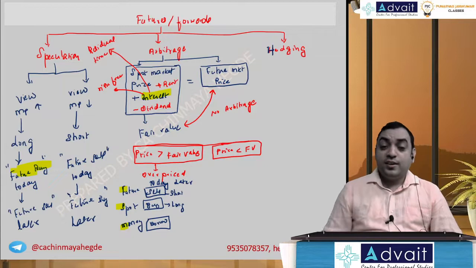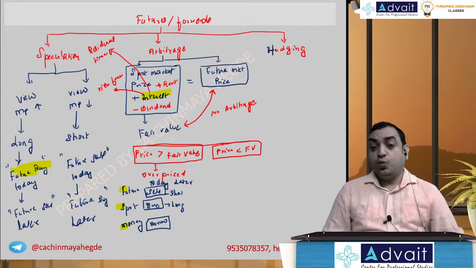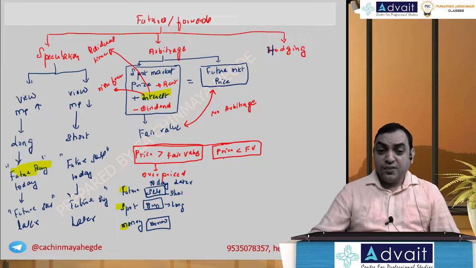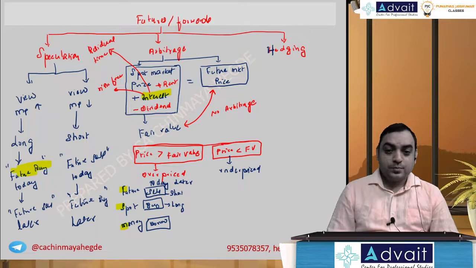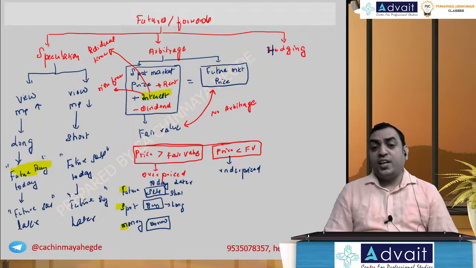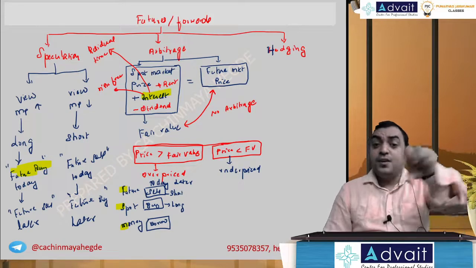Okay. Now, try to think in the second situation. Can you imagine what to do if it is underpriced? What should we do? When price is less than fair value, means future is underpriced. Something underpriced, it's cheap, I will buy.